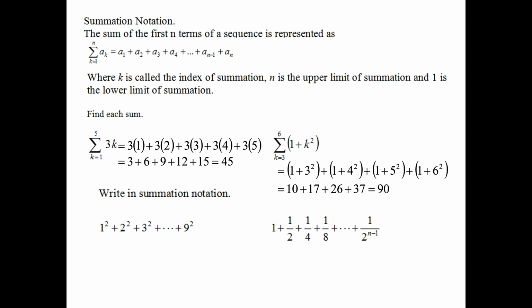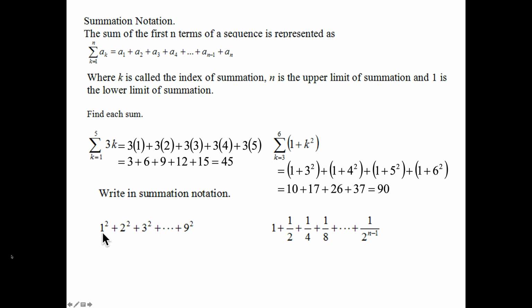You can also work backwards. They give you a bunch of terms added together, and we're going to write this in summation notation. So what I'm looking for here is, okay, the 2's and the power stay the same. So that's probably your variable k being squared.